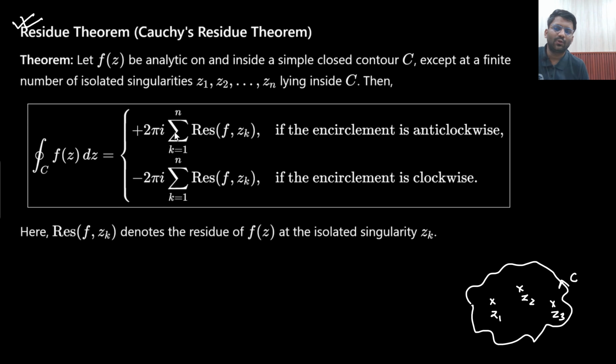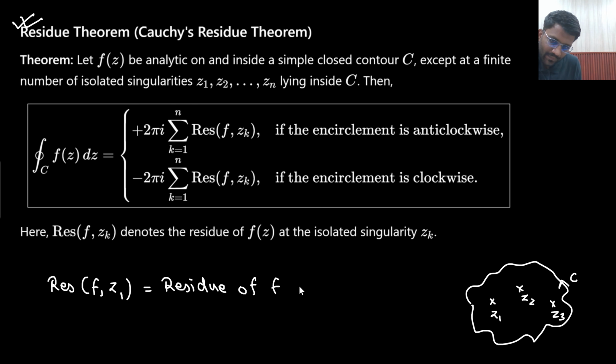Then what will be the answer? 2 pi iota summation of residue of f at z_k. What is the meaning of residue of f at z_k? Let's say z1, so it is the residue of f at z equal to z1. That means it is simply the sum of all the residues.